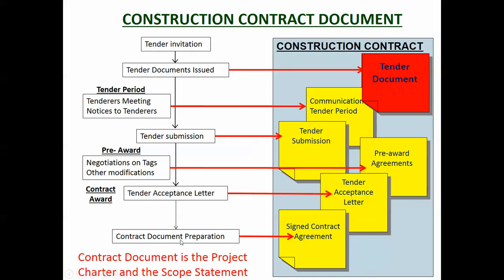And then you put together the contract document, which includes the tender document, the communications, the tender submission from the contractor including the price, the pre-award agreements, and the tender acceptance letter. Together they comprise the construction contract, which is essentially a project charter, and it's also a scope statement. Now you won't find them being called that in the industry. We call them a contract document, but that is essentially what they are.